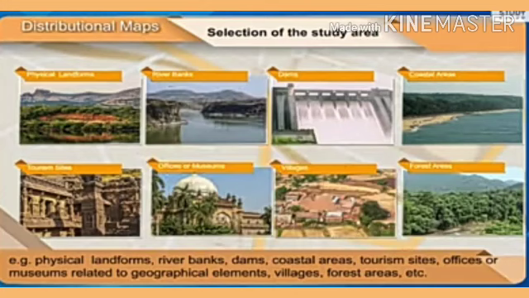Now friends, we will learn about the selection of the study area. Geographical field visit is organized for the study of various elements such as physical landforms, river banks, dams, coastal areas, tourism sites, offices or museums related to the geographical elements, villages, forest areas, rivers, etc.